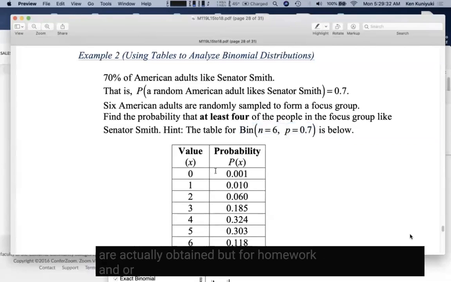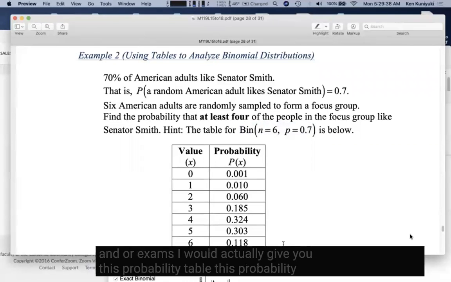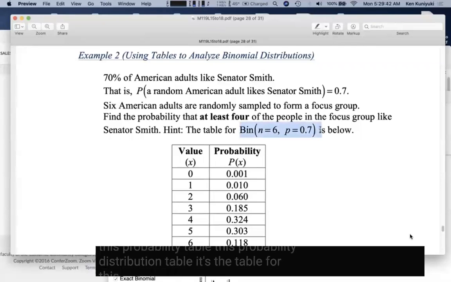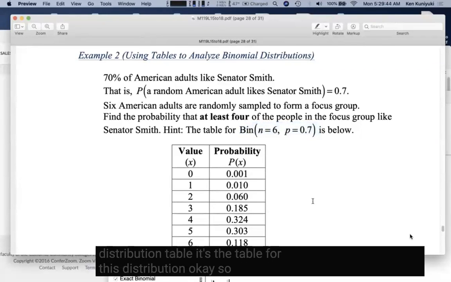But for homework and exams, I would give you this probability distribution table. Okay, so the probability that nobody in the group likes Smith is almost 0. Bear in mind, Senator Smith is pretty popular, and the probability that nobody among the 6 people in the group likes Smith is almost nothing.